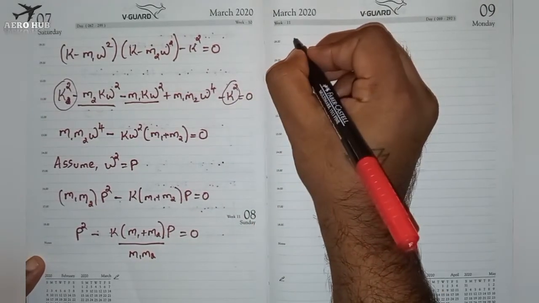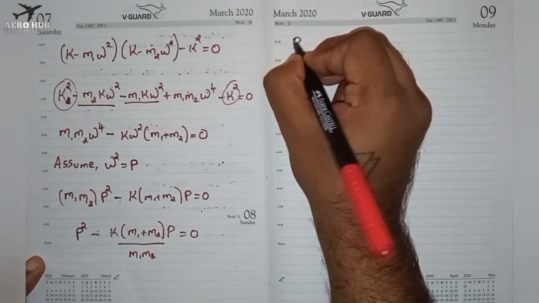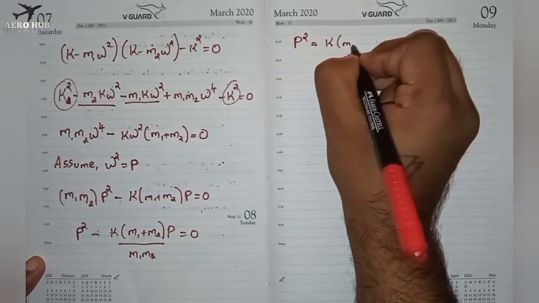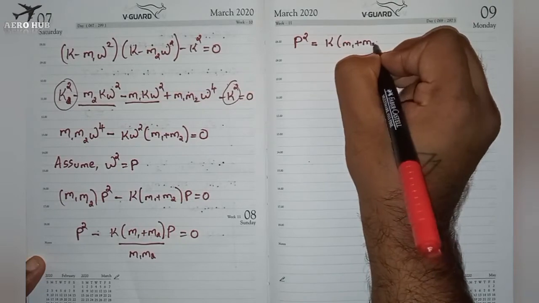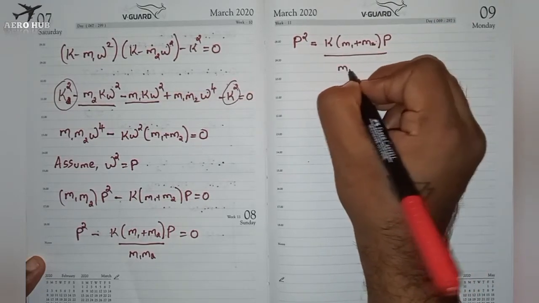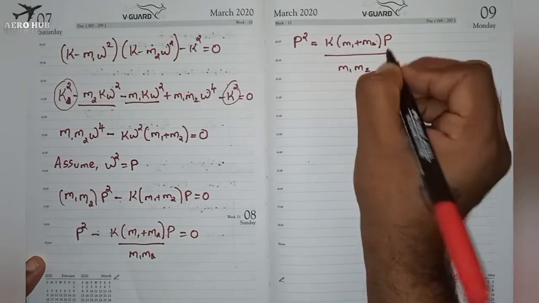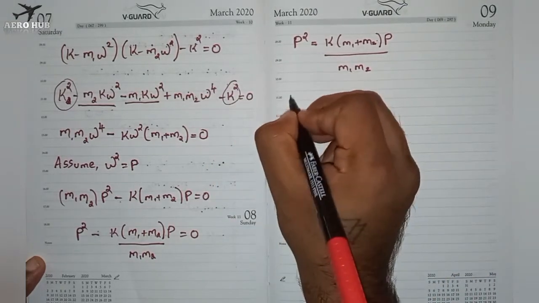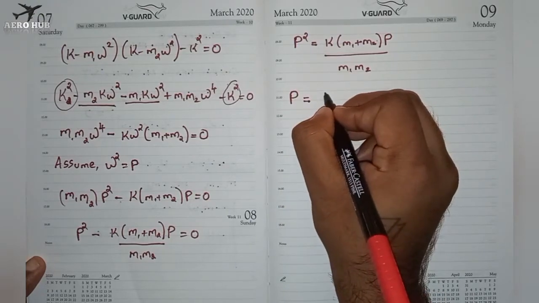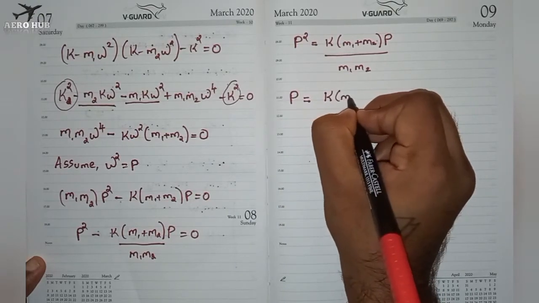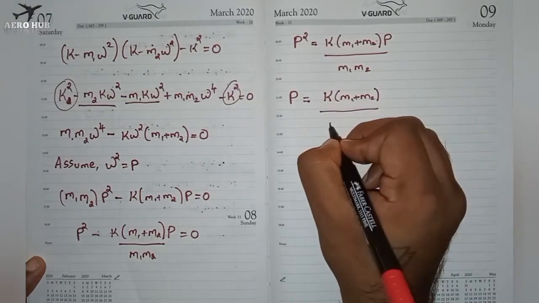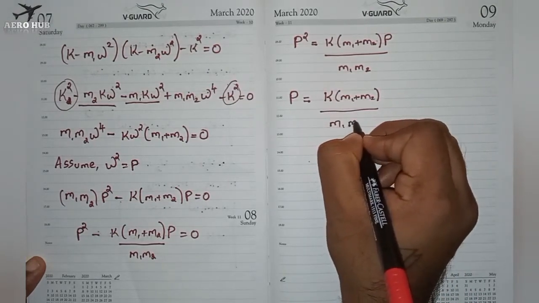I can cancel out one p here, so p is equal to k into (m1 plus m2) divided by m1 m2.